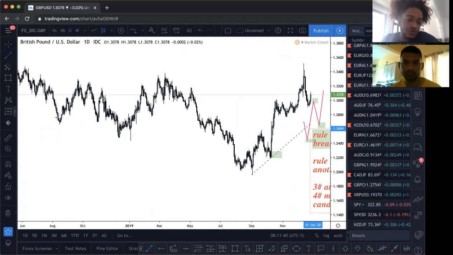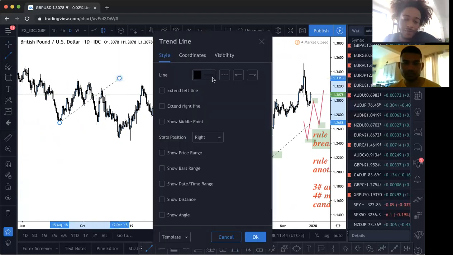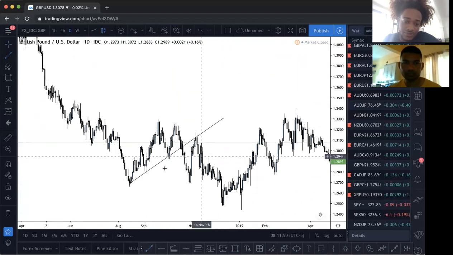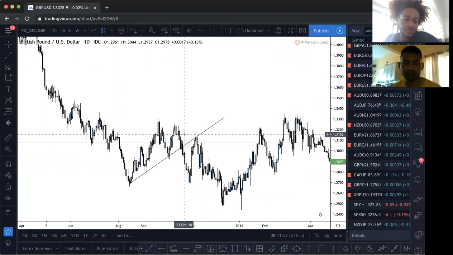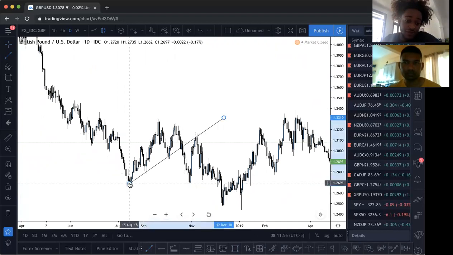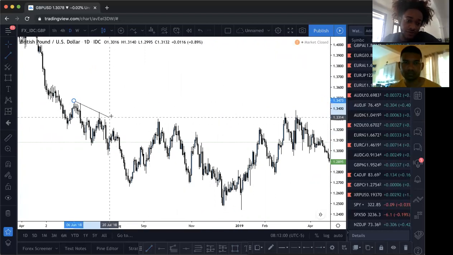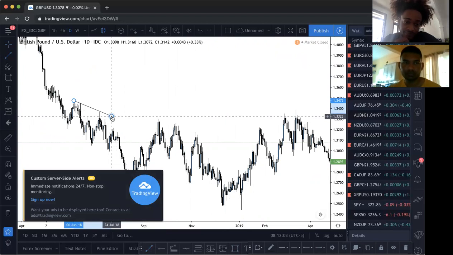You can have a trend line like this, for example. It's not really a trend line, but you see it connecting three. That's not a rule. As long as the market makes a new high or low, you connect the two most recent ones. That way, you can find the early trend line break.